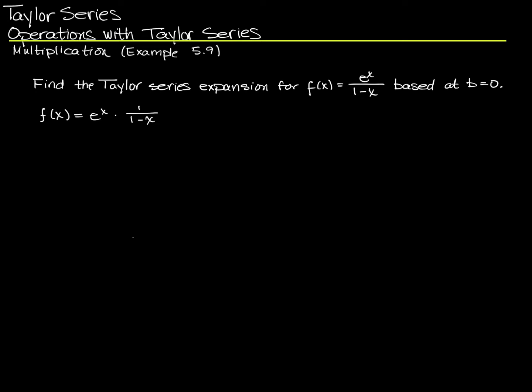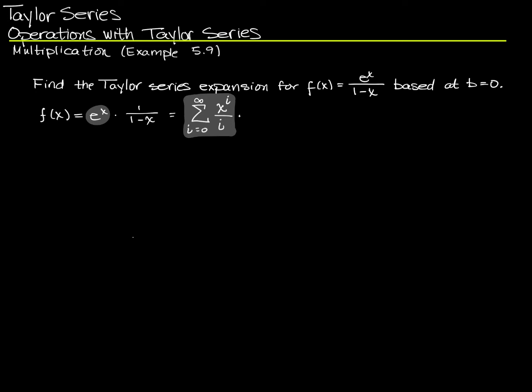Well, e to the x, let me write it up here. e to the x is equal to its Taylor series, the sum, as i goes from 0 to infinity, of x to the i over i factorial. So what I've just done is rewritten e to the x as its Taylor series, as this summation.